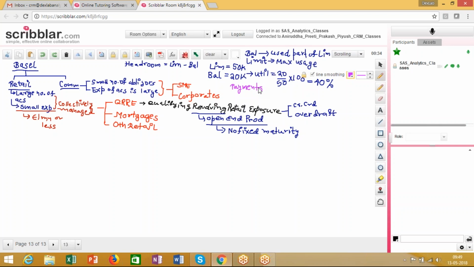We also need to look into the payment patterns that the borrower has. Assessing the payment patterns is important. And what are these payment patterns that we are talking about? One of the very key variables which capture the payment patterns of a borrower is the payment balance ratio.